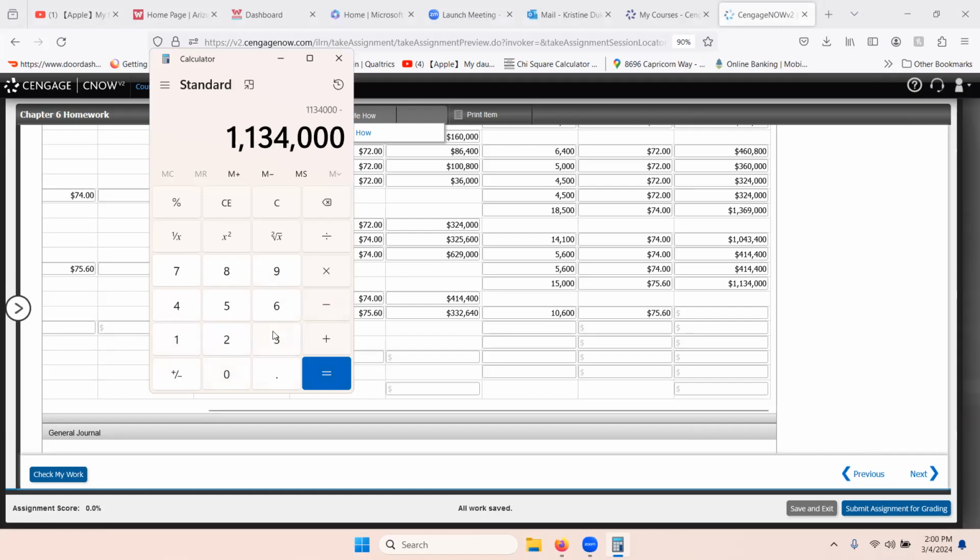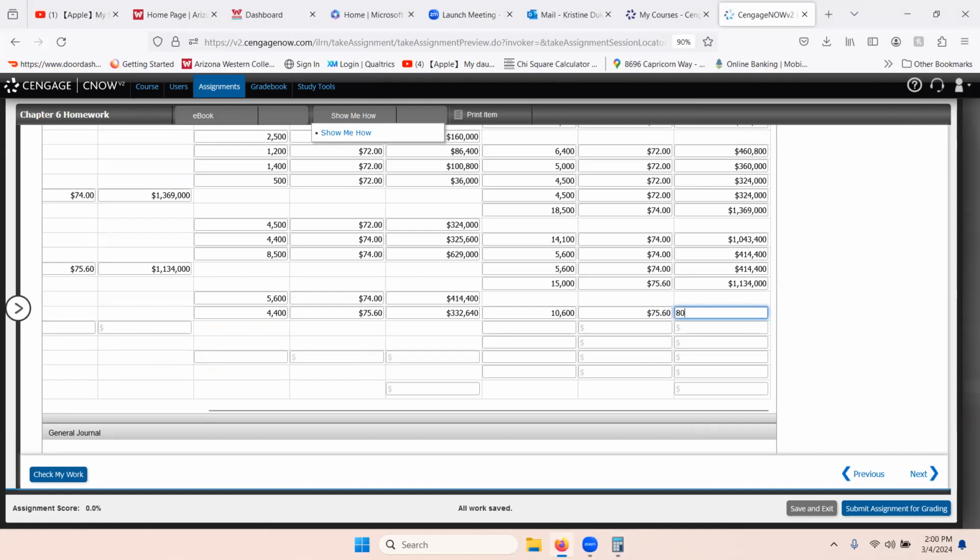Minus 332,640. 801,360. Okay, so that's what's left of my green batch. I don't have a yellow batch, I don't have an orange batch, I don't have a red batch anymore. I've used all of those up. All I have is my green batch.